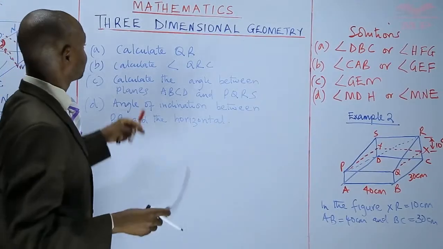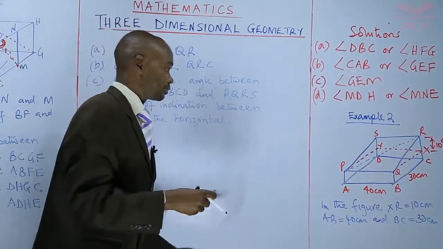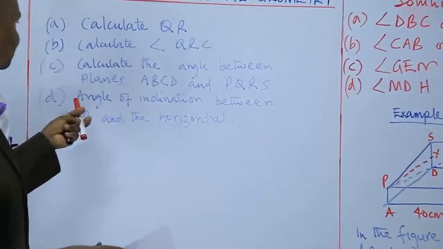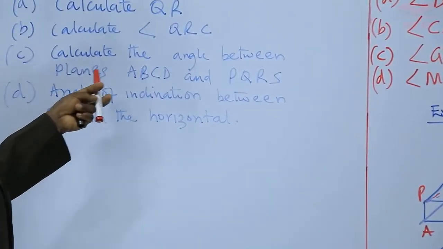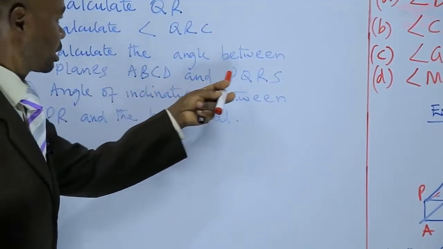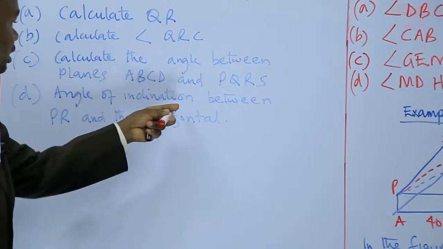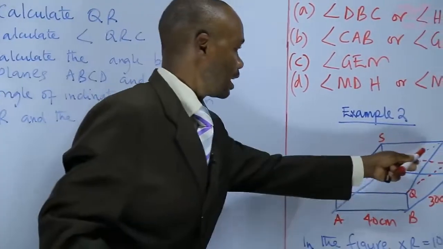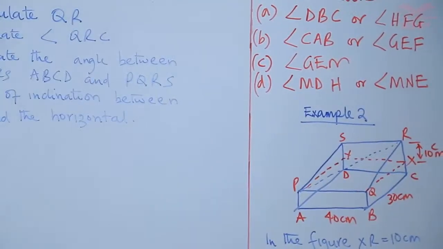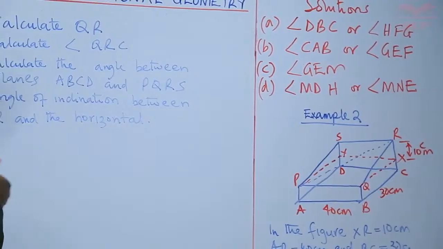Calculate QR, calculate angle QRC, and calculate the angle between planes ABCD and PQRS, and D, the angle of inclination between PR and the horizontal. So it goes straight to the solutions.